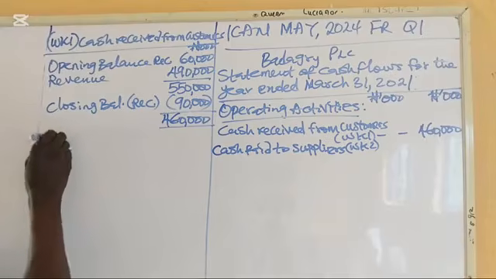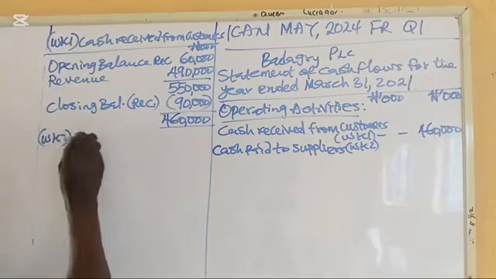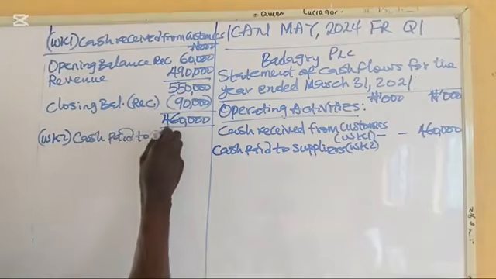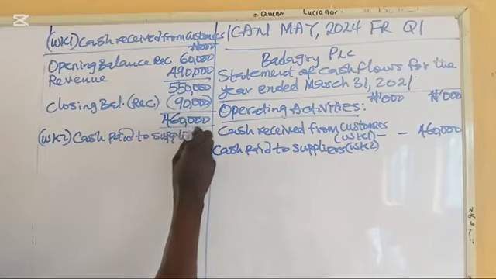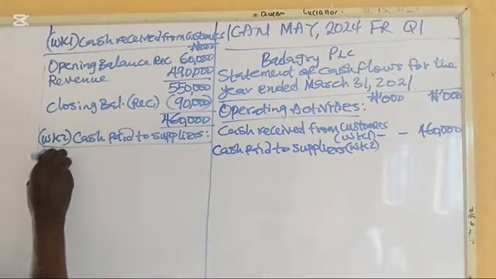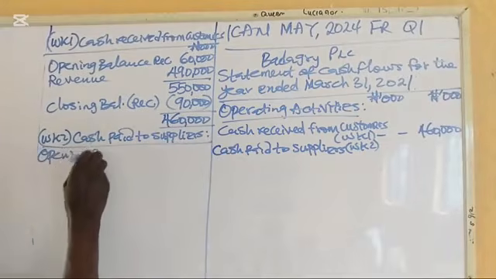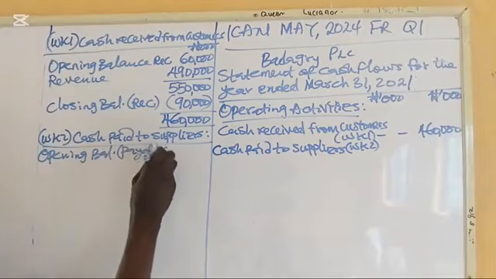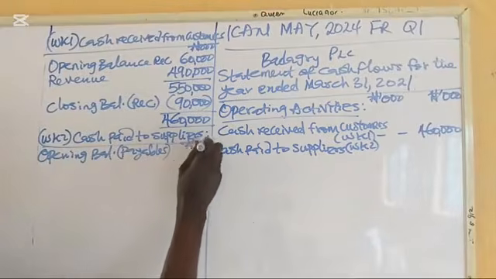Working number 2. Cash paid to suppliers. What will be your starting point? Opening balance. Payables. How much? 14,000.